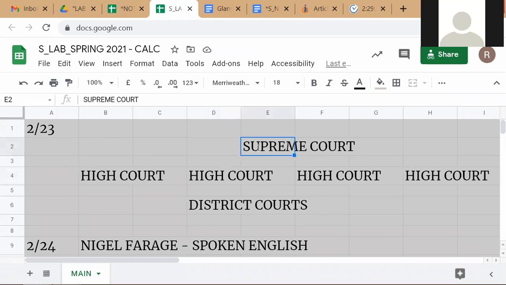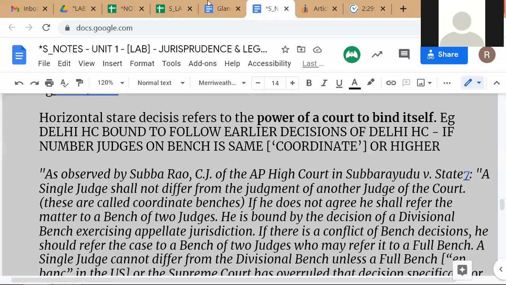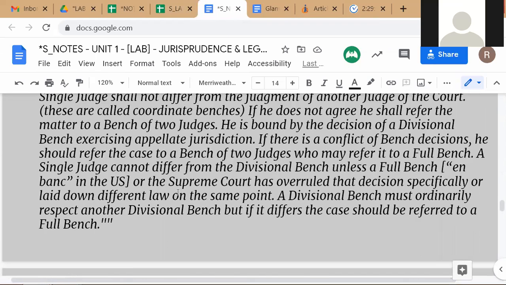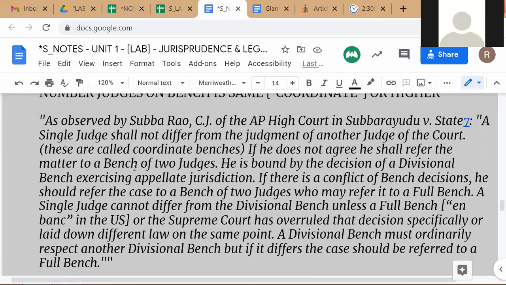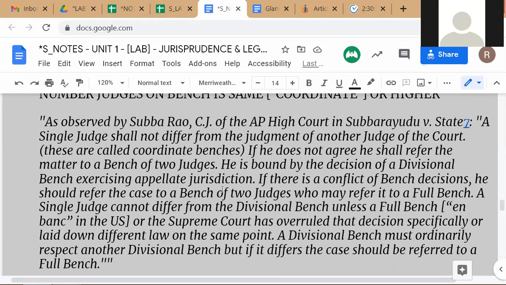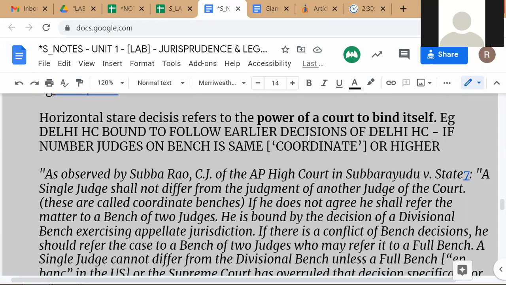This rule here, you can read this also later on, as Subbarao has explained, generally we look at a coordinate bench as a bench of the same strength.